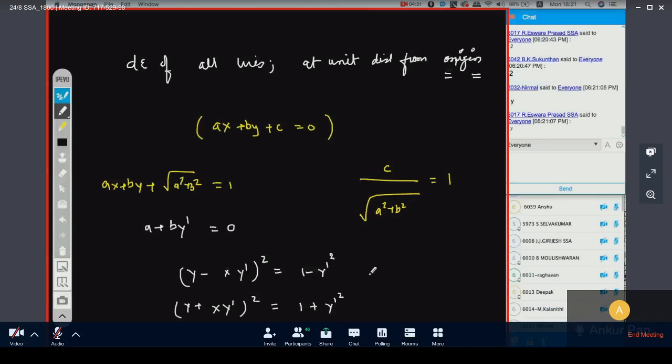Is it taking any shape? By this only you can guess what should be the answer. Pattern.